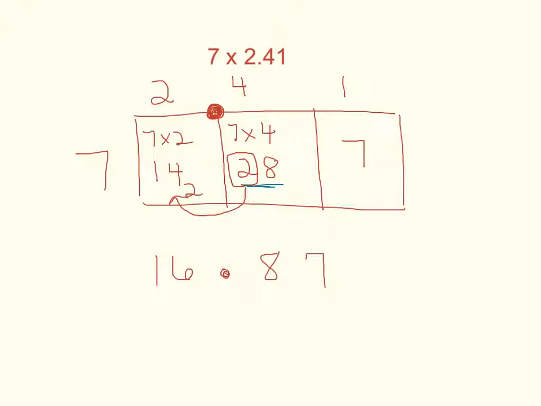That means we move our 2 over to the ones place, and our 8 stays there. We have the 1 in the 10s place. It's not really in the ones place. And so our final answer is 16 and 87/100ths, which again makes sense, because if we just look at 7 times 2, that's 14, so it has to be greater than 14.